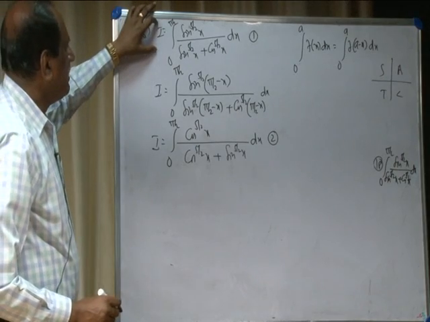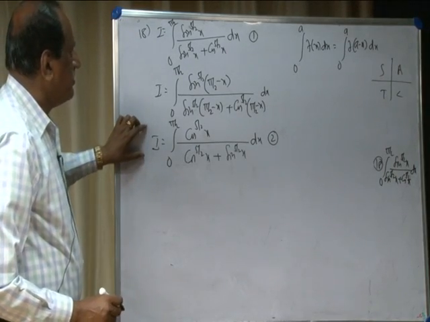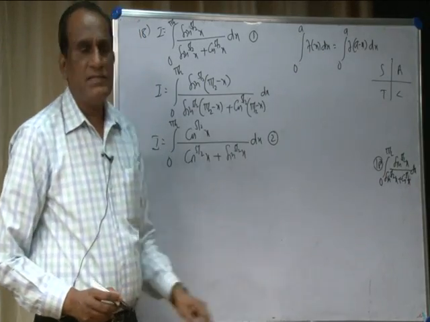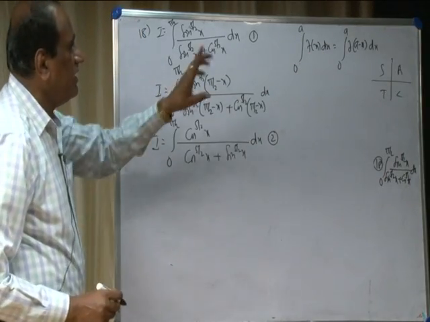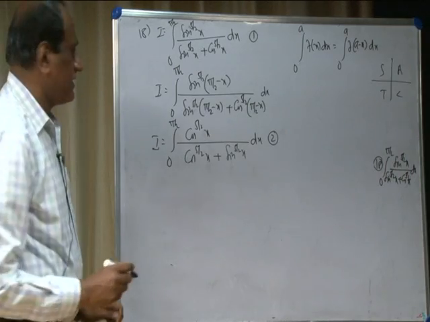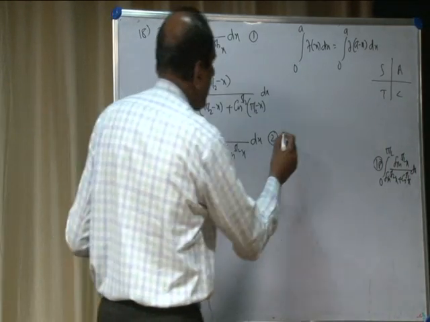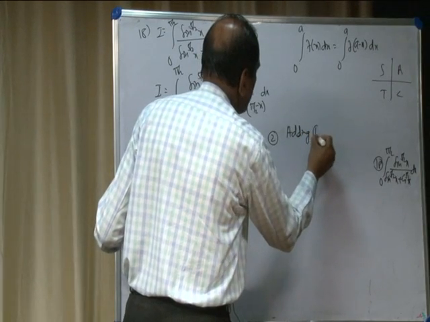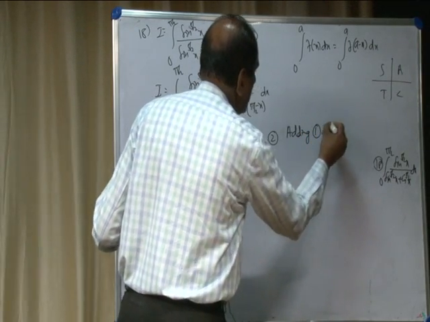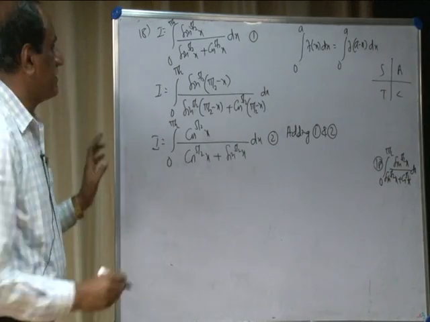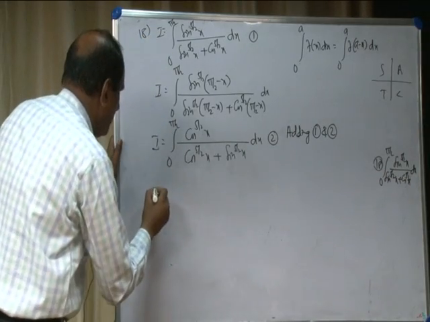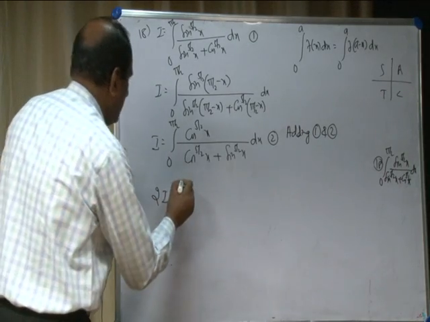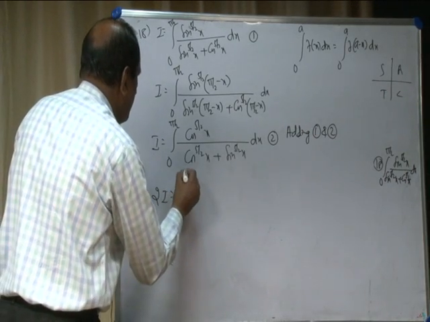Equation 1 is the given problem, and equation 2 is after applying the property, that is integral from 0 to a of f of x dx is equal to integral from 0 to a of f of a minus x dx. Now adding equation 1 and equation 2. First add the LHS: I plus I is equal to 2I, integral from 0 to pi by 2.